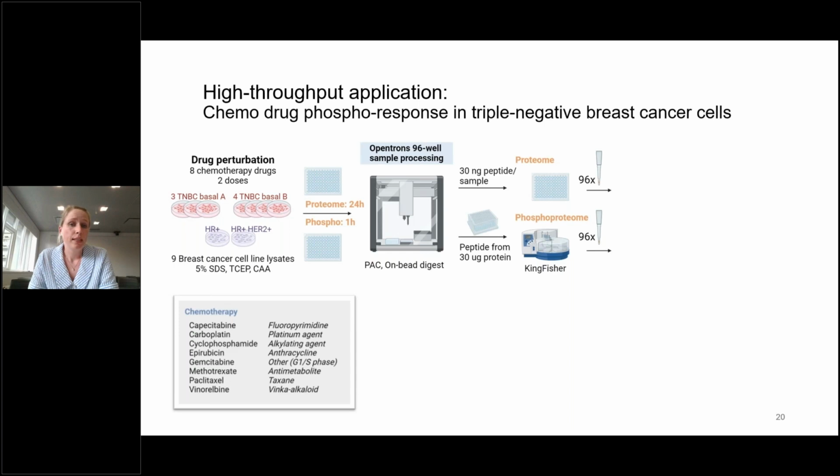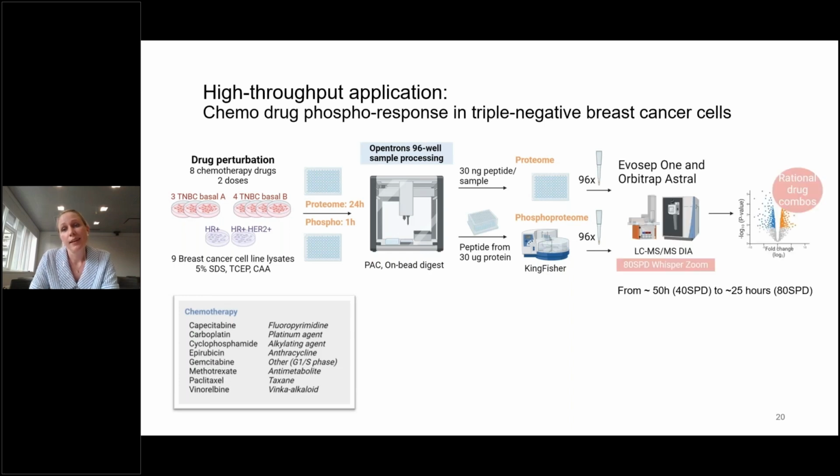And we then took the digest and proceeded directly to do phosphoproteomics enrichment according to the previous protocol that I went through for you. And then we evotipped the samples onto 96 Evotips and analyzed the samples using the EvoSep One and the Orbitrap Astral mass spectrometer. We used the 80 SPD Whisper Zoom.